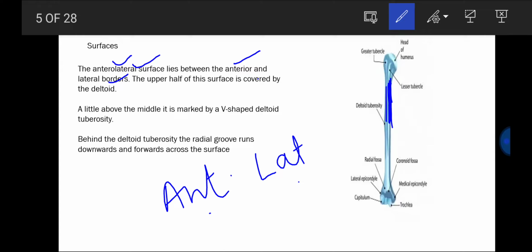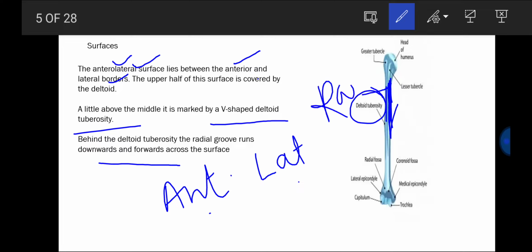A little above the middle, it is marked by the V-shaped deltoid tuberosity. Behind the deltoid tuberosity, the radial groove runs downward and forward across the surface. So here is the radial groove.